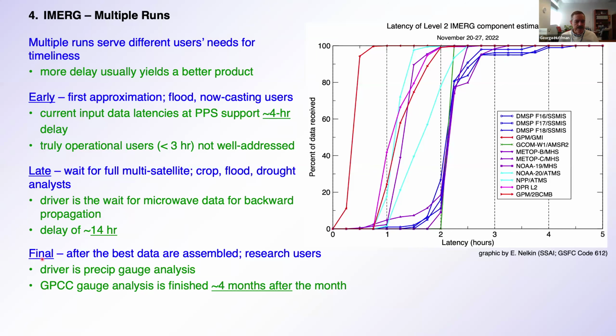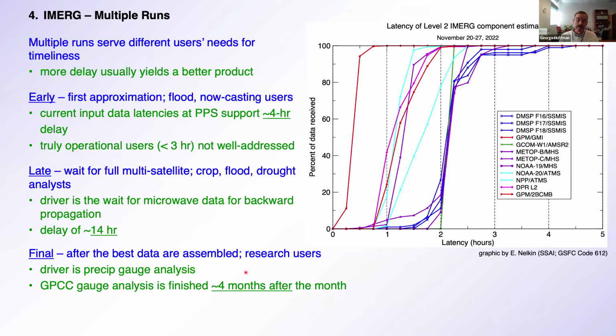And then the final run is after the best data are assembled. There are reprocessings for the input data, as well as bringing in the gauge analysis, which only comes about 4 months after real time, which is a driver. This is intended for research users. If you're going to do real research, this is what you want to use.